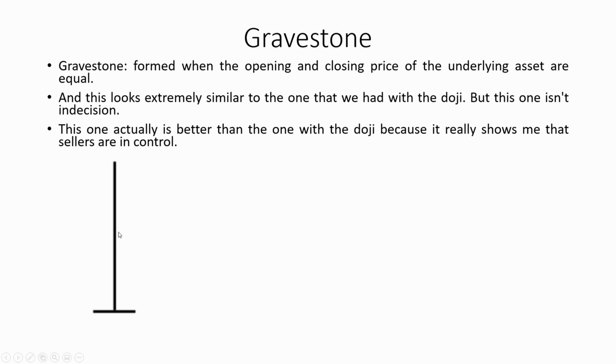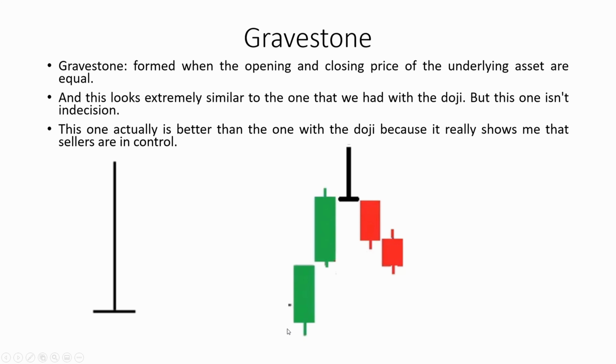Like I said, alone, nothing. With a pattern, it looks like this. So we have a nice green candlestick. Imagine this gravestone, for a short period of time, was a big green candlestick, but at the end sellers came in more aggressively, and even if this thing is green and finishes green, I will look to short because we have a nice wick.